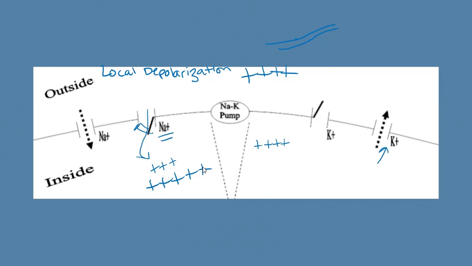And that allows our membrane potential to get more and more positive on the inside until we hit what's called the threshold voltage. Now, the threshold voltage is what starts that action potential and starts it moving down the axon. So instead of just this local depolarization, you actually get a full action potential that moves itself all the way down the length of the axon.